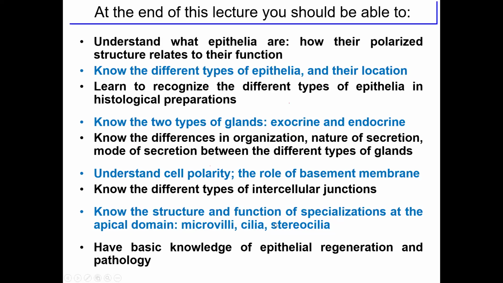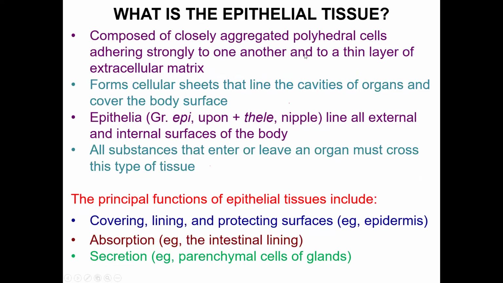We will then look at the structure and function of specializations at the apical domain, the microvilli that are made of actin filaments, the cilia that are made of microtubules, and the stereocilia that are not real cilia in terms of what cytoskeletal elements they contain. They contain as cytoskeletal elements the actin filaments. And then I'll mention a few things about the epithelial regeneration and the pathology.